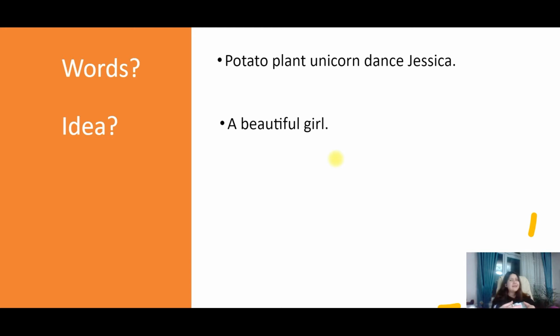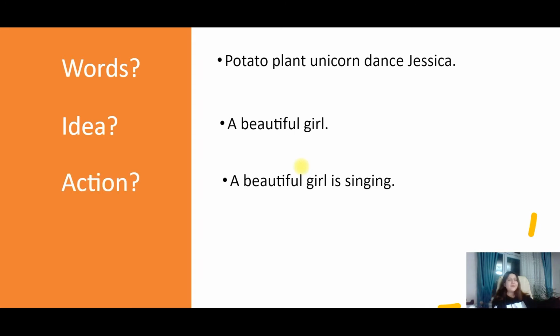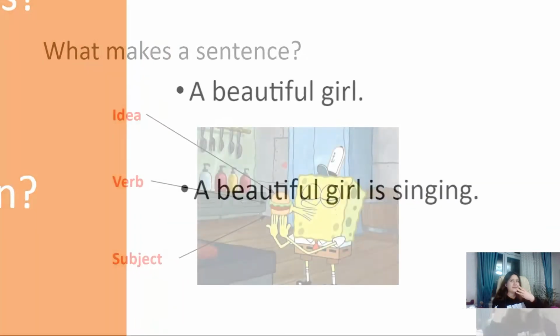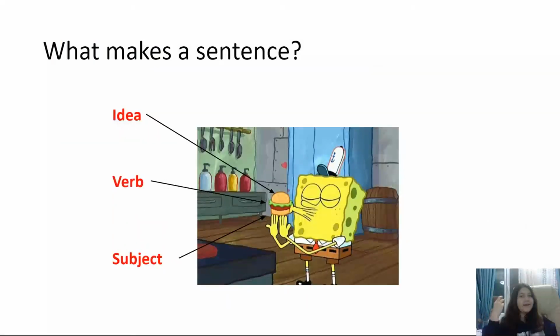This girl is beautiful. So for a normal sentence, I need action. A beautiful girl is singing. Is this sentence normal? Yes, it is. So for any normal sentence, I need three components: subject, verb, and idea.